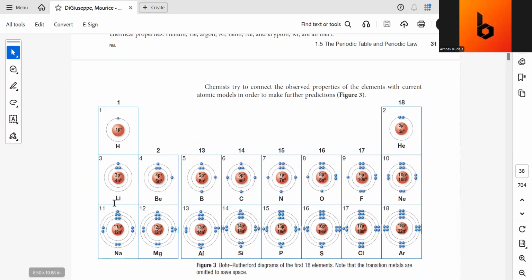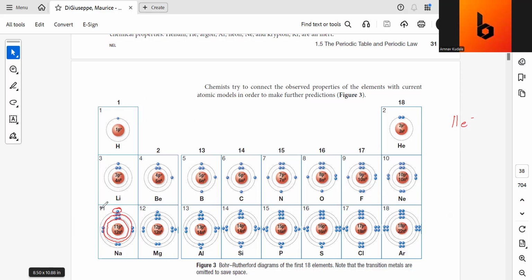Now let us come to this sodium. Can you see sodium has three levels of energy? One, two, and three. The closest orbit has only two electrons. Then the outer one has eight electrons. Sodium in all has 11 electrons, so one electron remains in the third orbit.